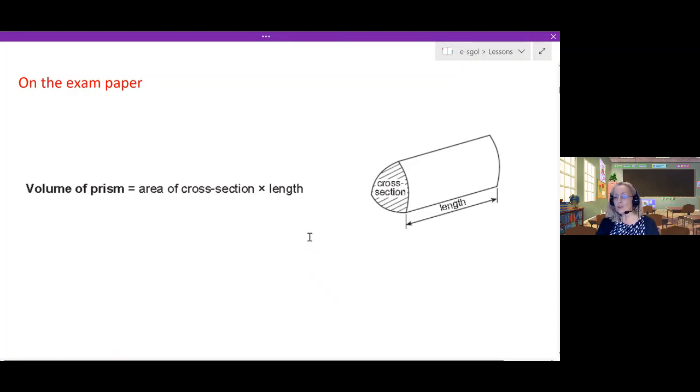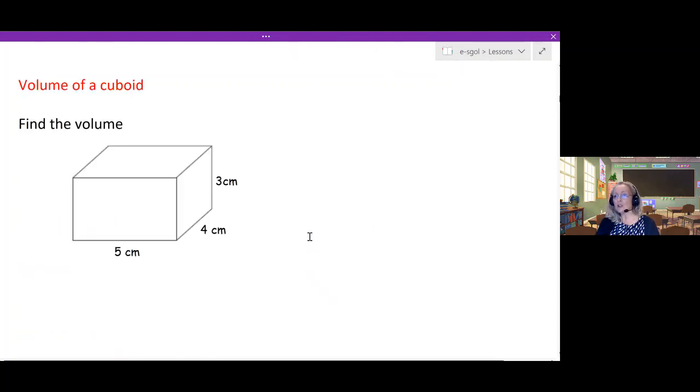So the first one that we're going to look at is the volume of a cuboid. Now, in order to find the volume of a cuboid, we're talking about the space that is inside this cuboid. And in order to work that out, it told us that to find the volume of a prism, we had to find the area of a face and multiply it by how far the prism went back.